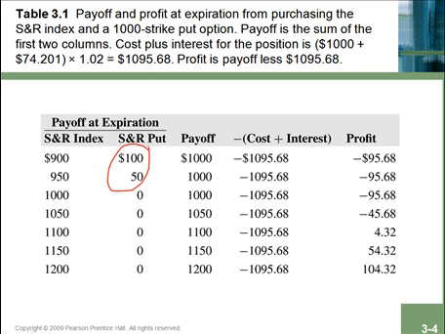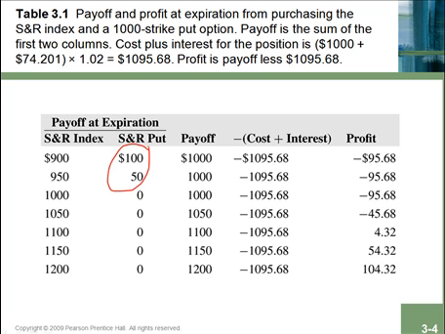And of course, there's always the possibility that the index could go lower even than $900, which could cause you to lose even more money. But because you have the put option, as we're going to see, you end up placing a floor on the price of the asset that you will receive when you sell.